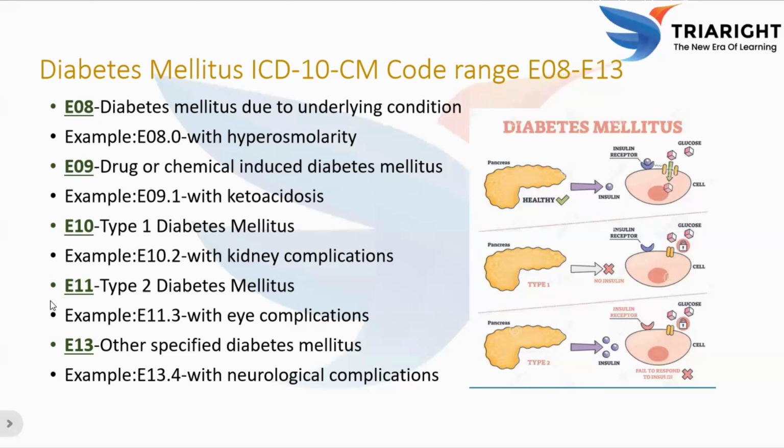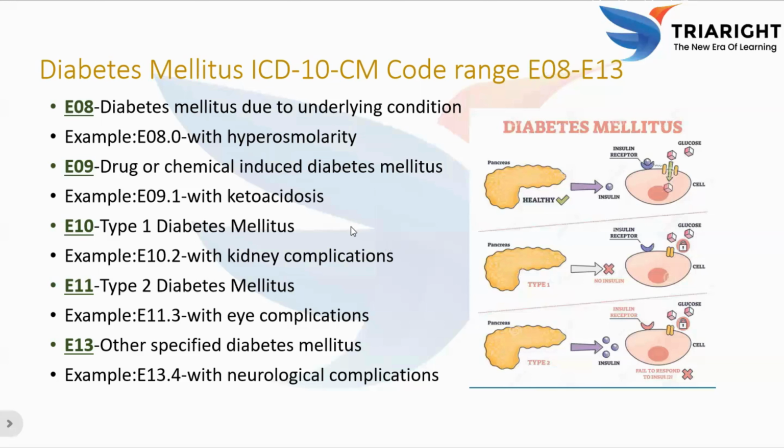So the code E11 indicates type 2 diabetes mellitus. Whenever a patient is diagnosed with type 1 diabetes mellitus, the E10 code is assigned. Whenever the patient is diagnosed with type 2 diabetes mellitus, the E11 code is assigned, right?